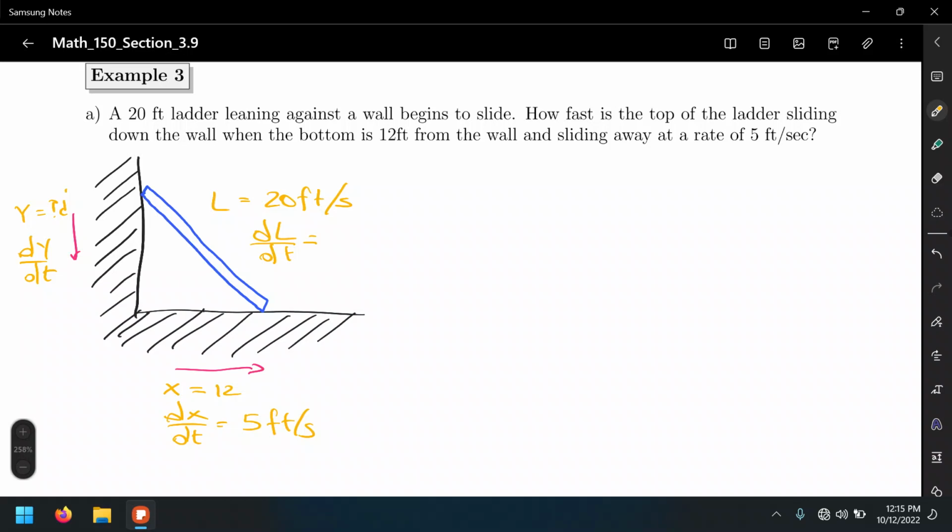Unless they told us that at the same time the ladder slides down and horizontally, maybe the ladder stretches or compresses, but that's not the case. In that situation, we would have a rate for the length of the ladder. Well, in this case it is 0.